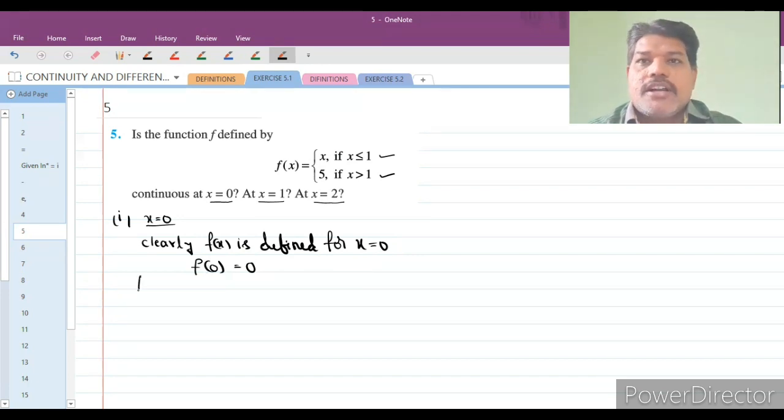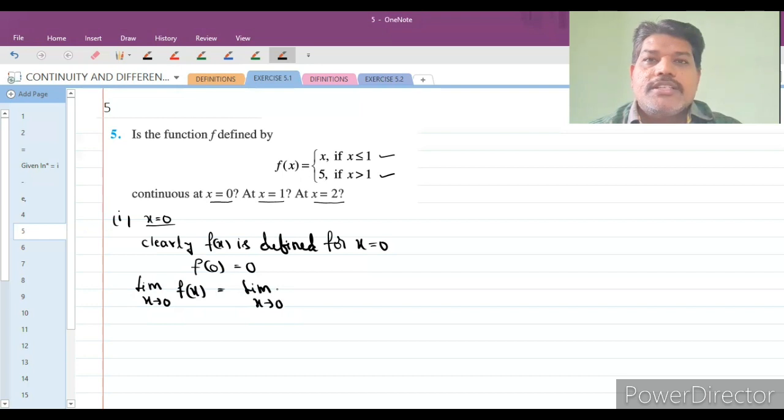Then I will check the limit as x tends to 0, f of x. What happens? Limit as x tends to 0 means 0 is less than 1, so f of x value will become x only. So automatically if you apply the limit, this value will become 0.